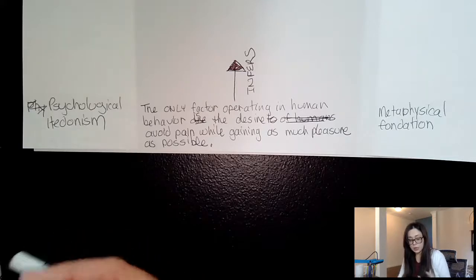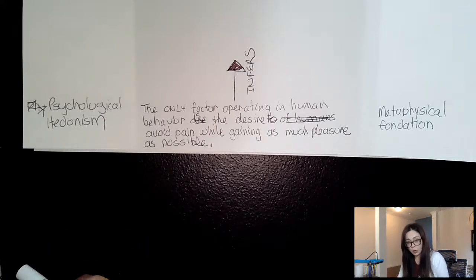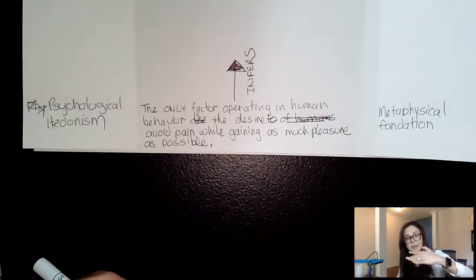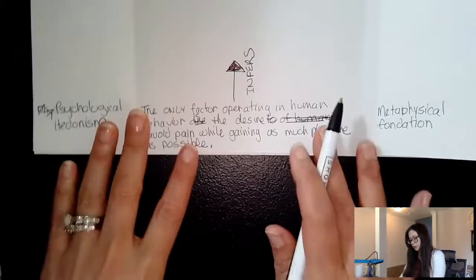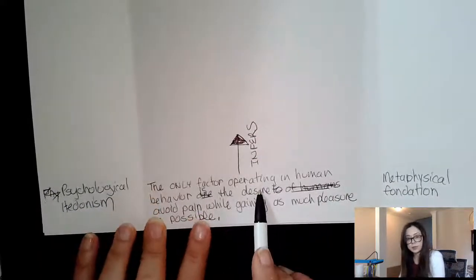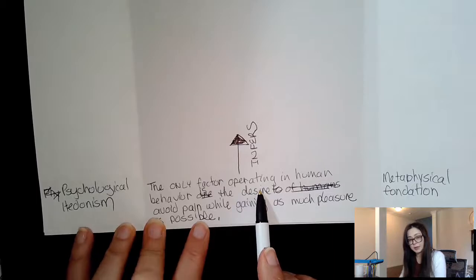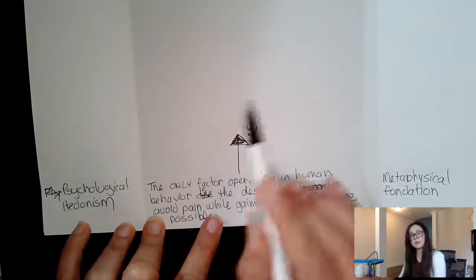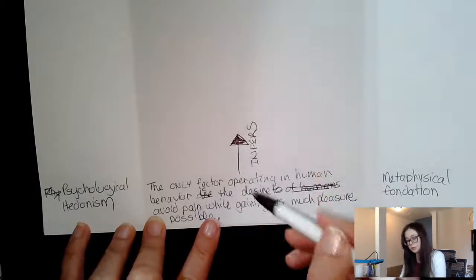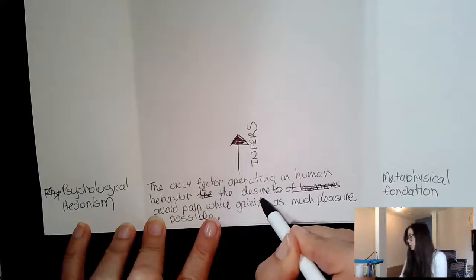So you start from something that you already think or believe is true or plausible, and you take a step beyond that to assert that something else, on the basis of what is already believed to be true or plausible, is also true or plausible. So based on this metaphysical presupposition about human reality, psychological hedonism, he infers what? What else does he think is true, given that he already thinks that this is true?